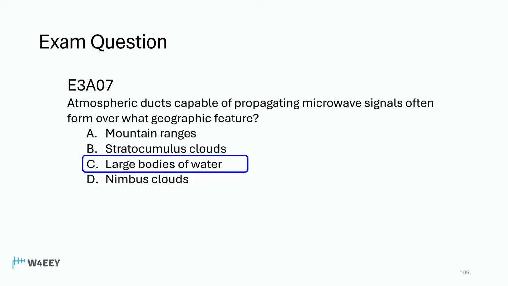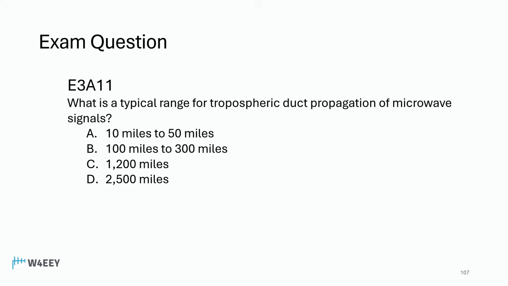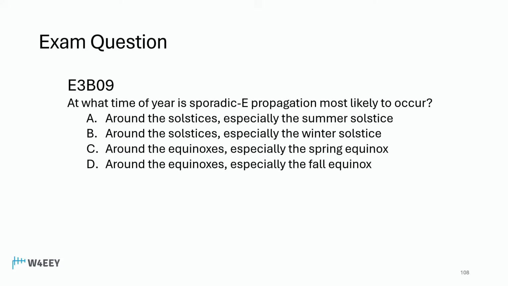I told you that a lot of these are really easy, and there's lots of them, so we like lots of easy questions. What is a typical range for tropospheric duct propagation of microwave signals? Bravo, 100 to 300 miles. At what time of year is sporadic E propagation most likely to occur?